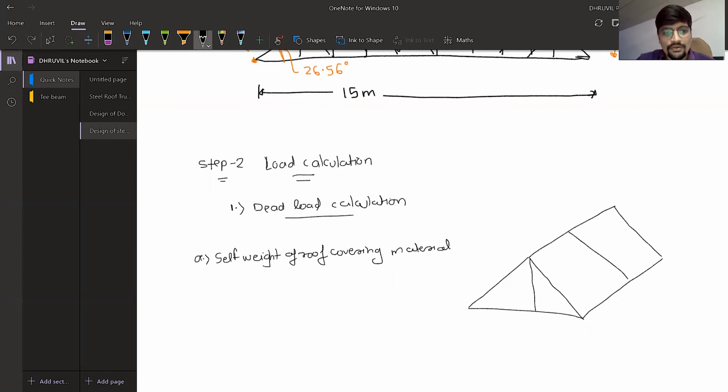The two types are ACC sheet and galvanized iron sheet. These two types are basic.